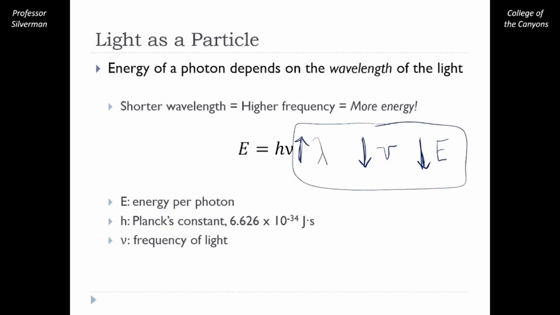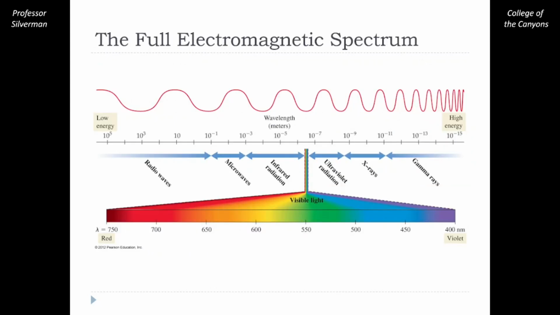Here are all of our properties as they relate to each other. Wavelength is the opposite of both frequency and energy. As it turns out, visible light that we can see with our eyes is just one tiny slice of all the possible wavelengths and energies of light.